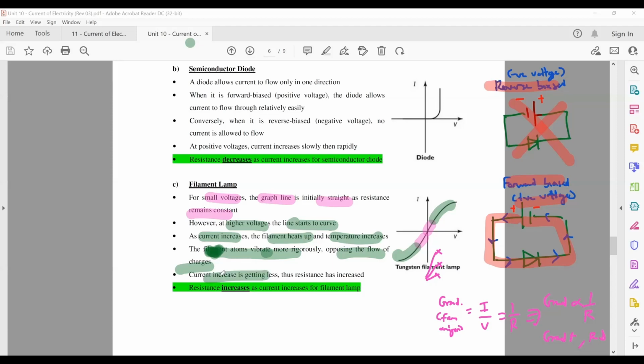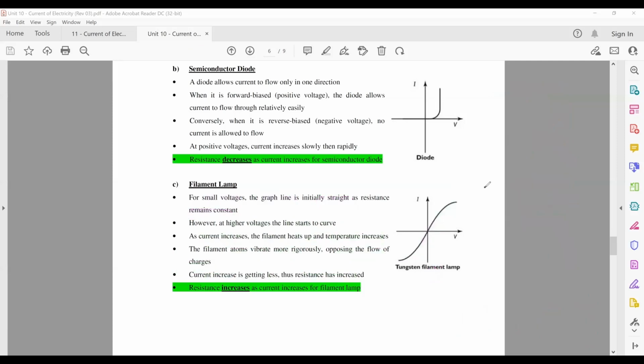Your current will actually get less, therefore resistance has increased. Your filament lamp heats up, the atoms vibrate more, you have more resistance to your current flow, resistance would have increased.